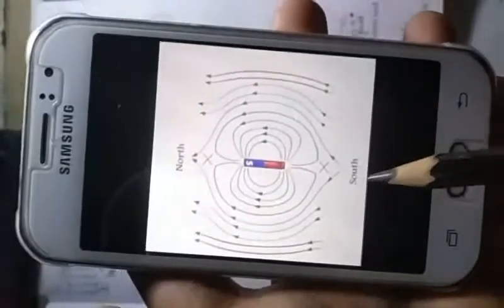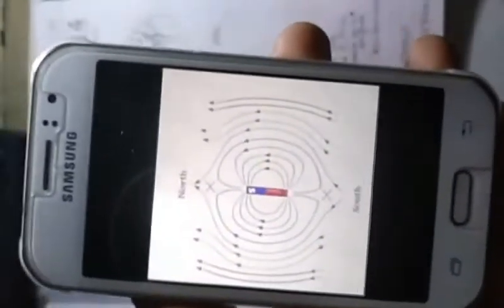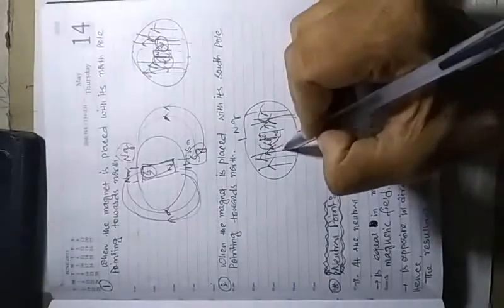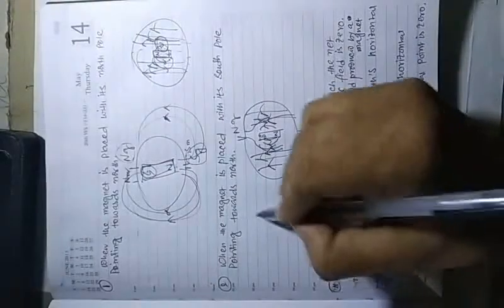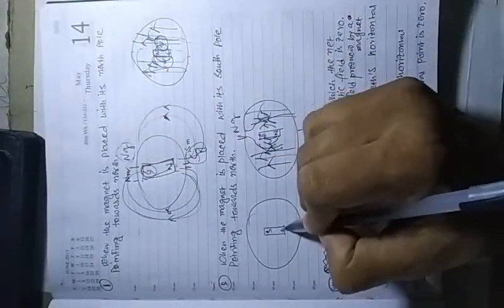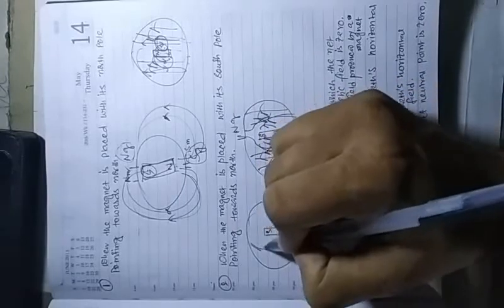Students, these places are called neutral points. After some time I will explain. So in this case, again I am drawing the picture. That is the magnet, south, north, and the magnetic field is going like this.